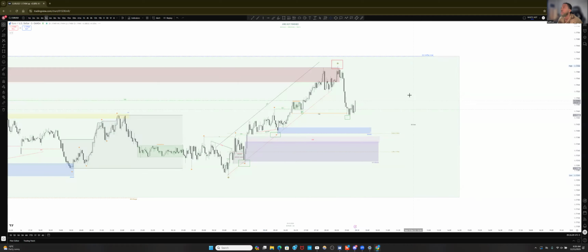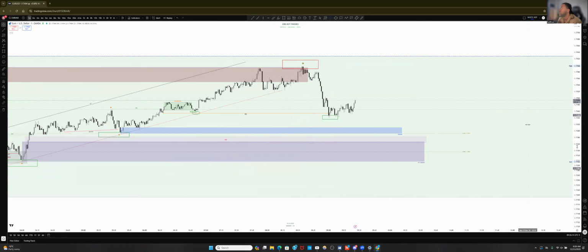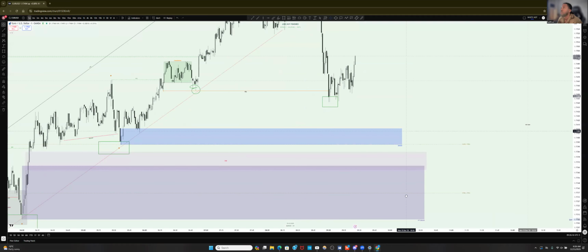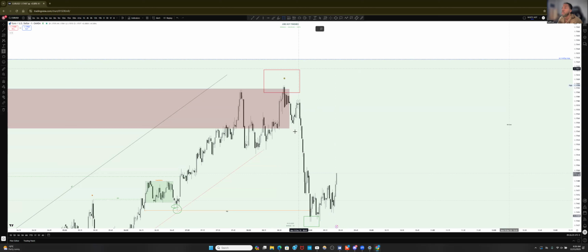Go back to the 5 minute. Did we get a 2-leg protocol? Let's see. We had price reach the high, 1 leg, 2 leg. Yes, we did actually. We got a 2-leg protocol. So we can say this right here could be a point of interest for the market.